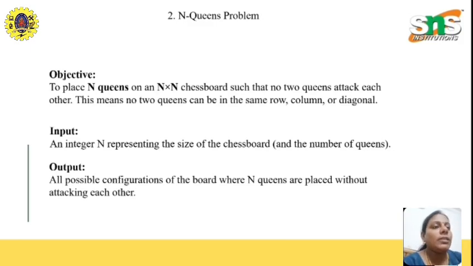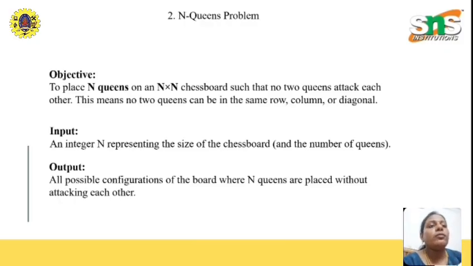Those same elements, called queens, must not attack each other. So no two queens attack each other. This means no two queens can be in the same row, column or diagonal.